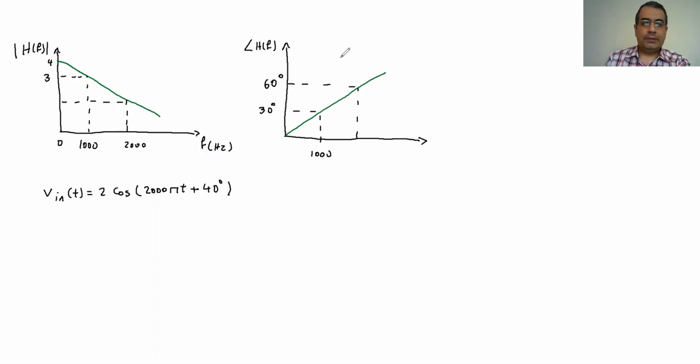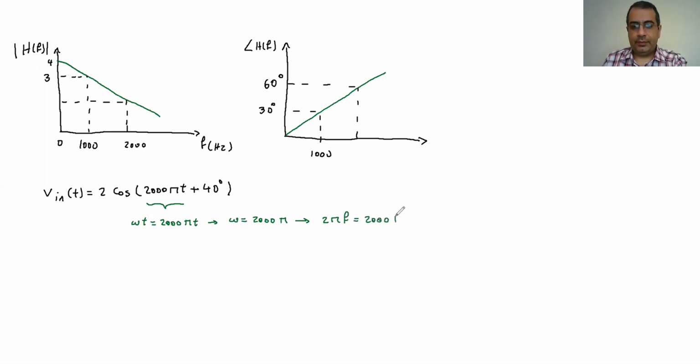The very first thing is that what I have here is the omega t, which is 2000 pi t. So I know omega is 2000 pi, and omega is 2 pi f, so 2 pi f is equal to 2000 pi.